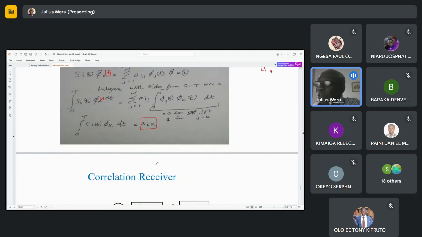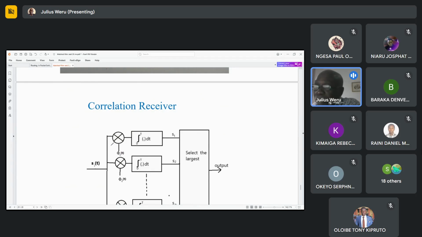If you look at it, that's what we call the correlator. You are simply multiplying and then integrating with respect to t. That's the correlator.